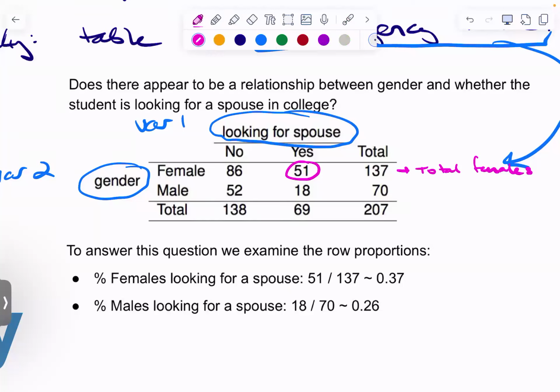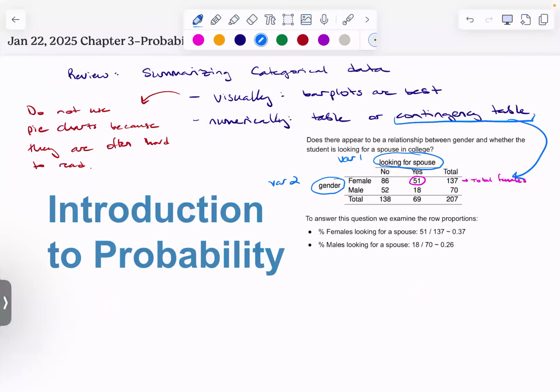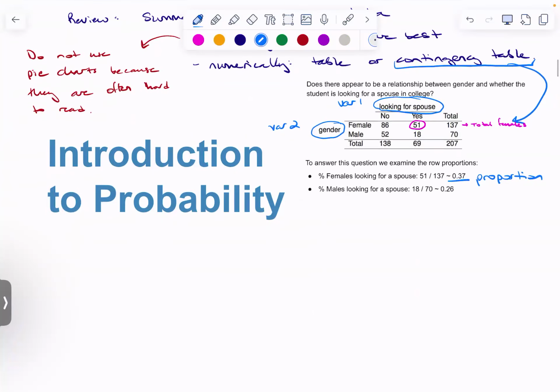0.37. We're going to talk about this today. This is a proportion. But as a fun thing, a proportion is a probability.